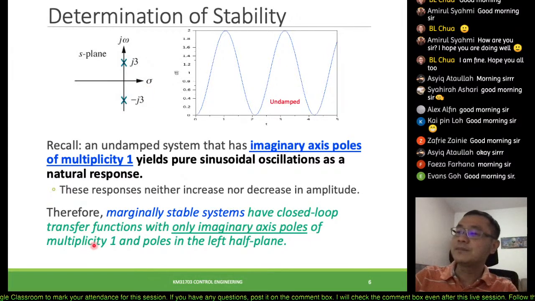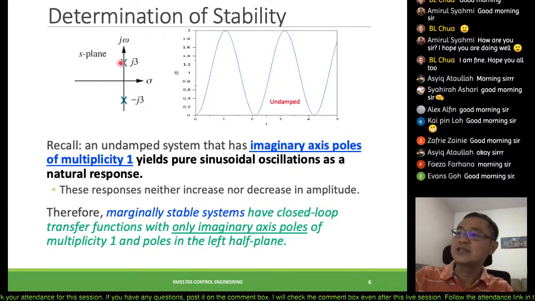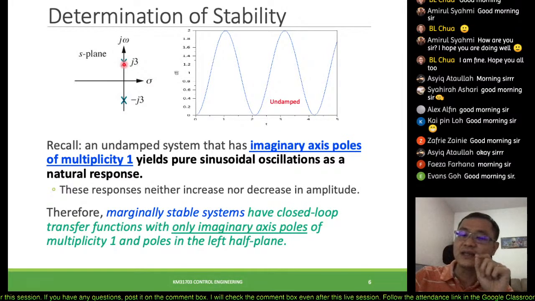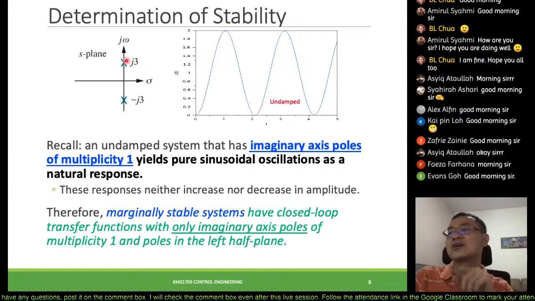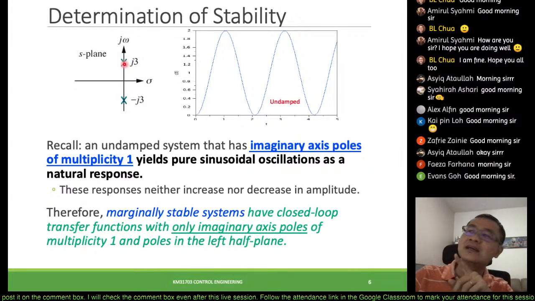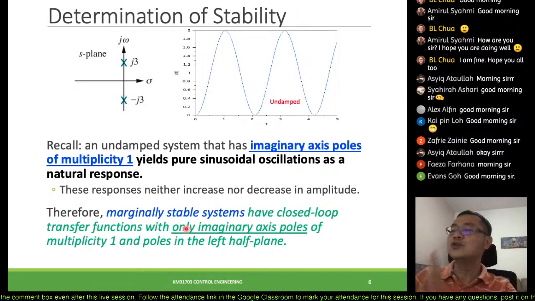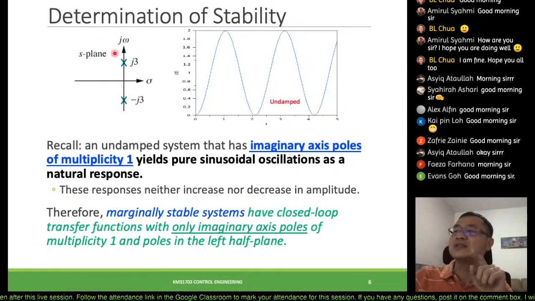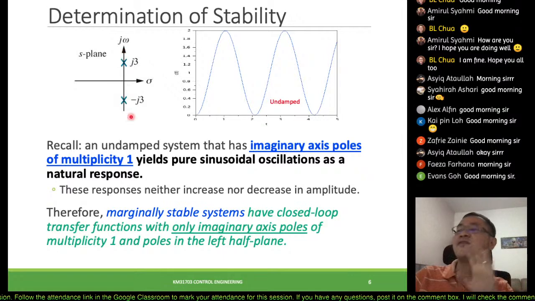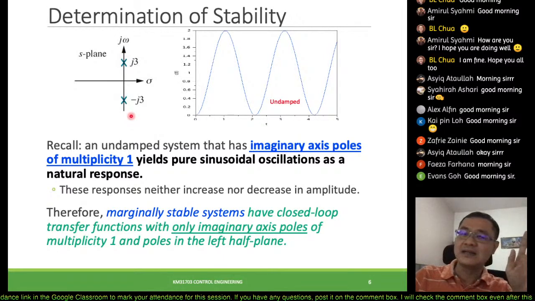Of multiplicity of one, meaning we have only one root on that particular point on the imaginary side. The pole is on the boundary, so we still consider it in the left half plane.